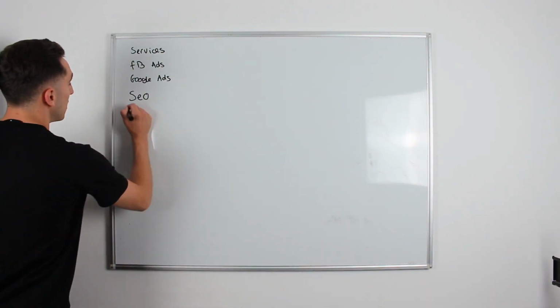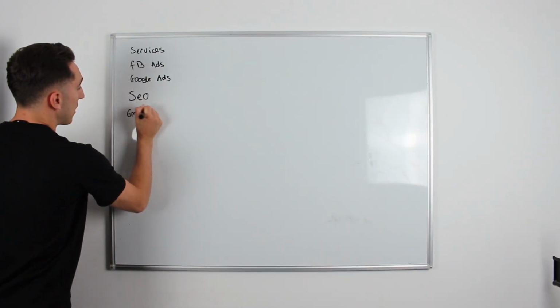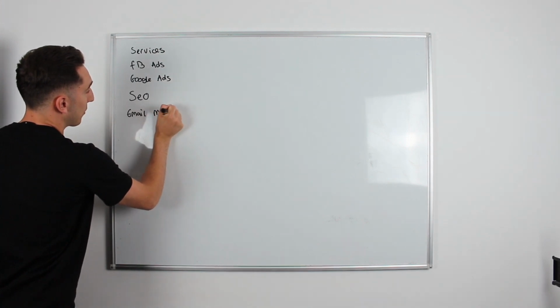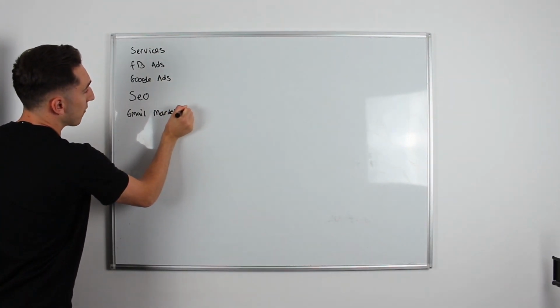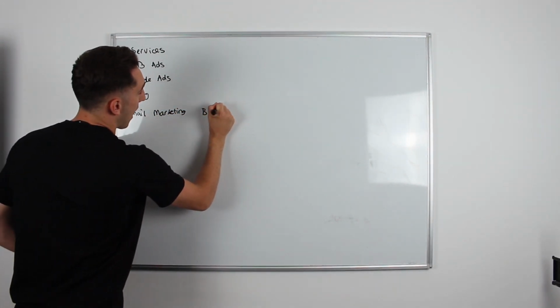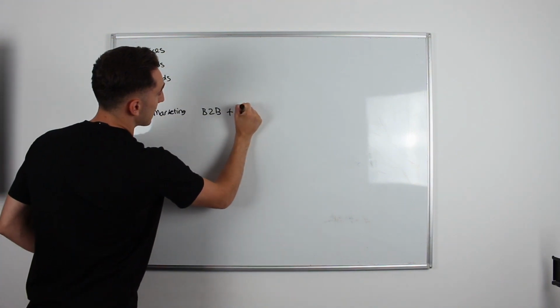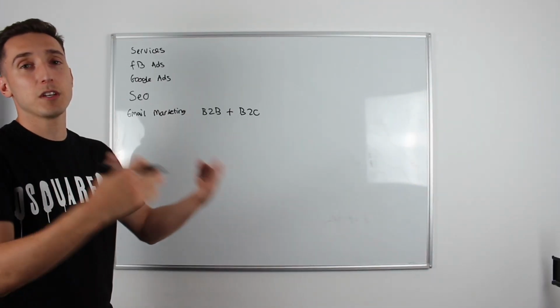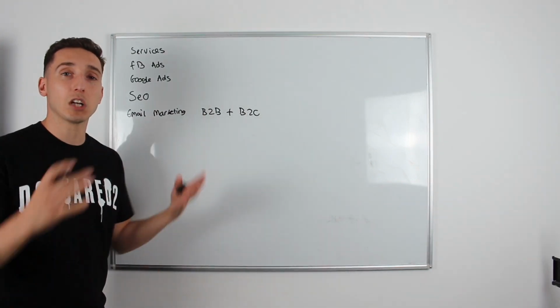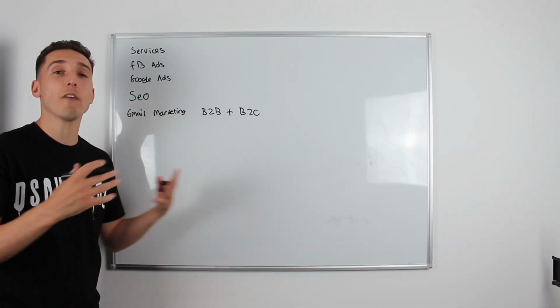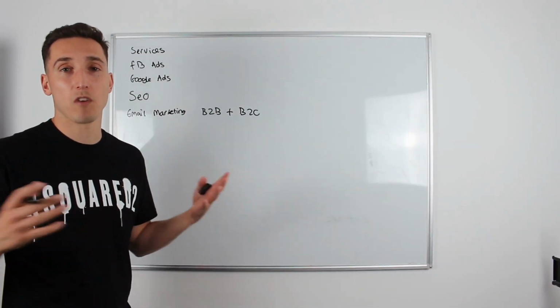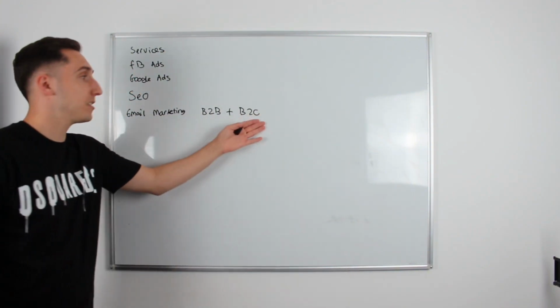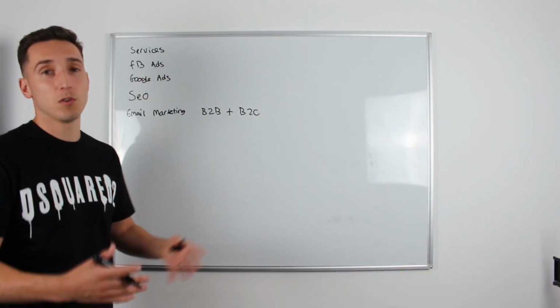And then finally, we've got email marketing. Now, email marketing, we can split this up into two. So we have B2B and B2C. Now, when it comes to B2B, this is approaching businesses and then running cold email campaigns to other businesses to generate them revenue. When it comes to B2C, this is more on the consumer side.